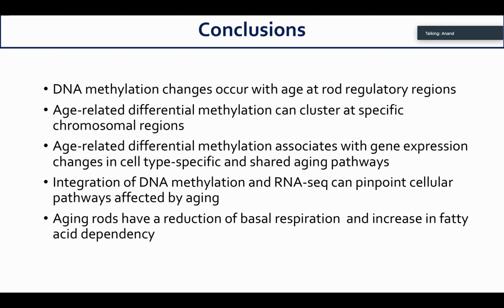These changes that are associated with age cluster in specific chromosomal regions. They associate with gene expression changes in cell type specific and shared pathways. And you can decipher some pathways that are affected by aging by combining these different data sets.